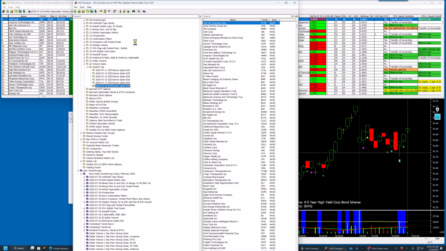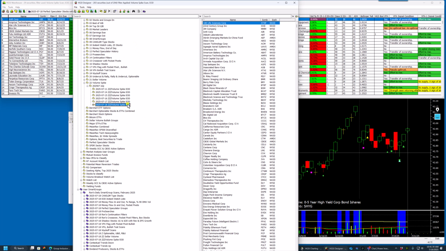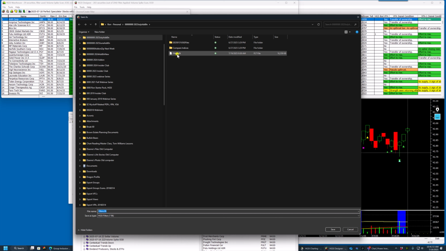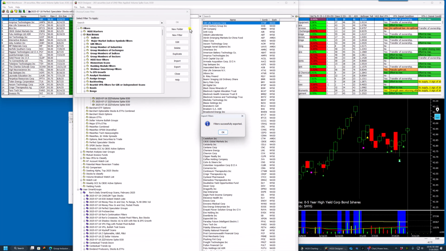So either up or down close with a volume spike. Now I have to go in, export the filter, and I'll put this in the add-on and re-upload it.